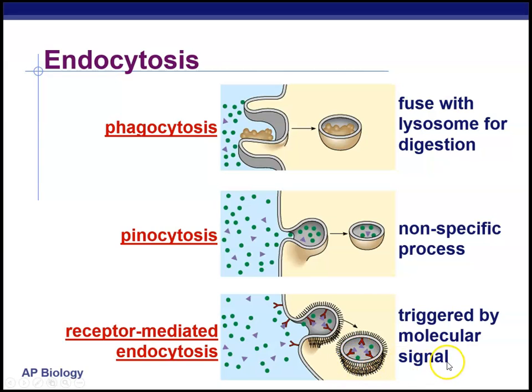So it's said to be triggered by a molecular signal. Really the only difference between pinocytosis and receptor-mediated endocytosis is that the receptor one has actual protein receptors, and it doesn't start moving inward until enough of those receptors have been triggered.